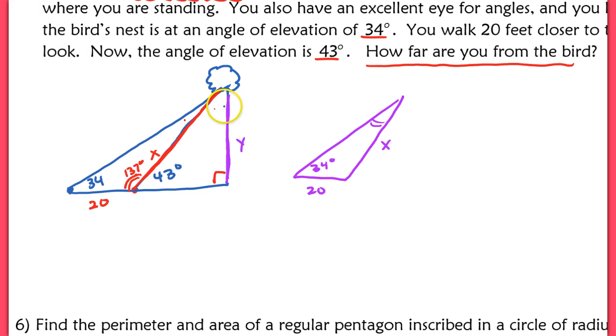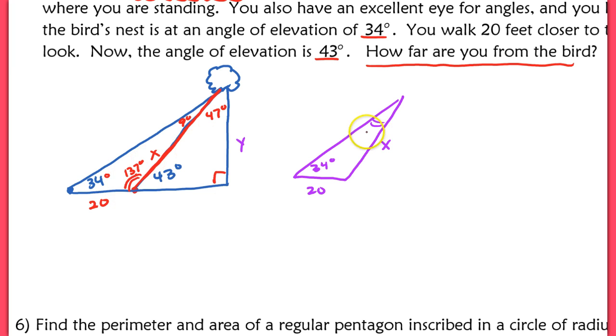I can also solve for this angle here using 180 minus 43 minus 90. And then after I get that angle measure, I can do the same thing again using 34 degrees here, and this whole measure, and the 90 degrees. So I end up with 47 degrees here, and that would make that 9 degrees, I believe. Okay.